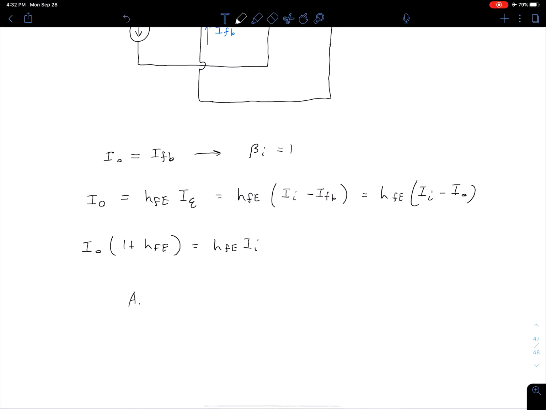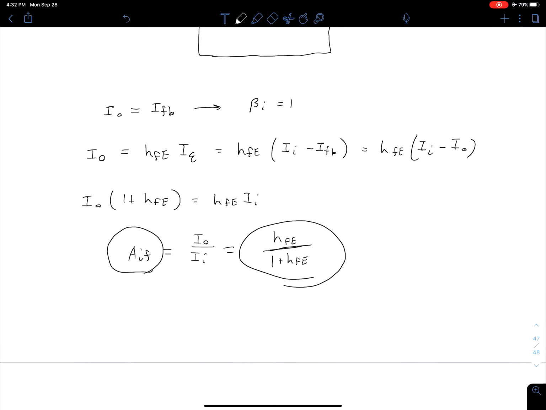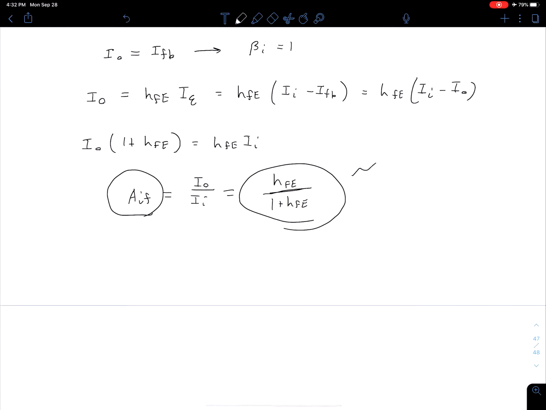And if we want to solve for our transfer function, we can say our closed loop current gain is equal to our output current divided by our input current. Rearranging our equation above, that is HFE divided by 1 plus HFE. And so we see that, as with all of our other circuits that we've looked at, this is the same as our ideal form.